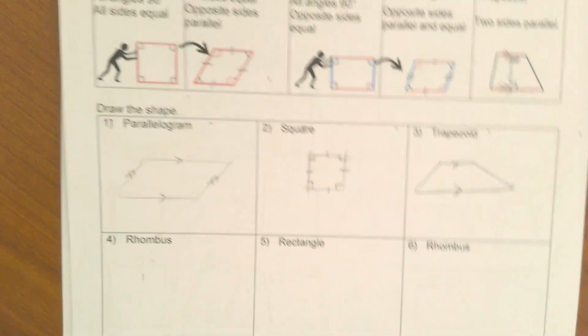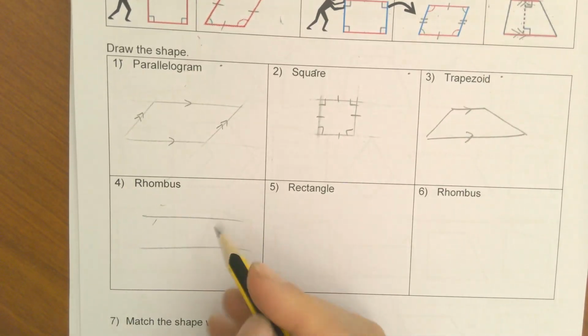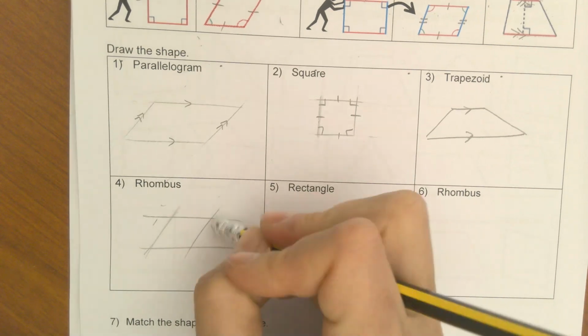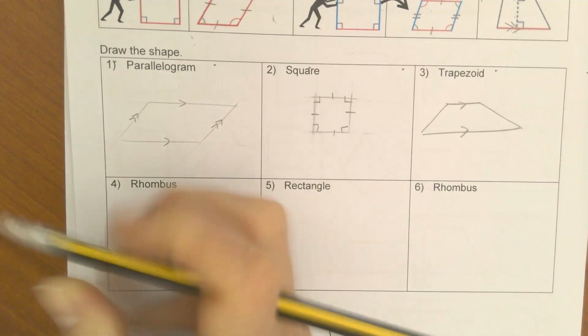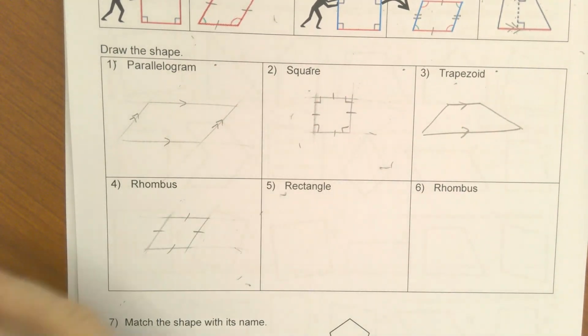Rhombus. Rhombus means you pushed a square over. So now it has to be like a square. That looks kind of like a square that's been pushed over. So all these sides are the same, but the angles are different.